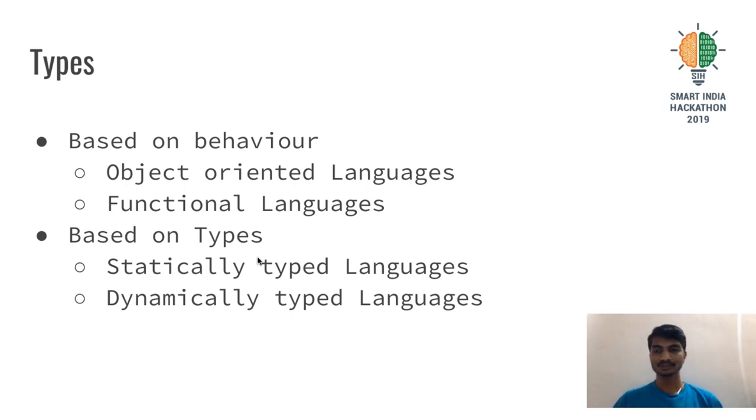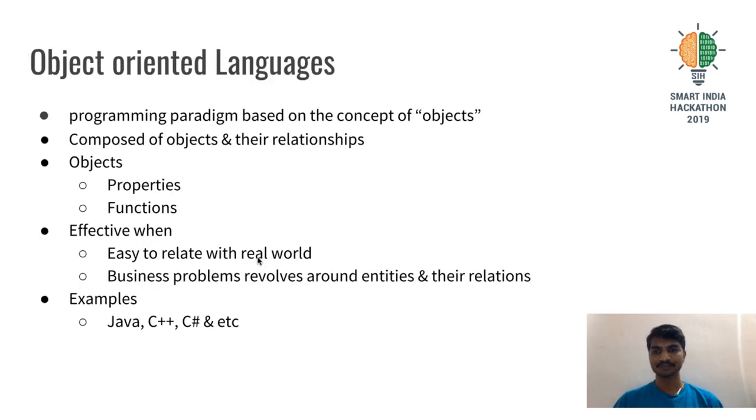Same as we have done for architectural patterns, it is better to consider our requirements and the goals we need to achieve, and based on that choose our language. So let's see what object-oriented languages are. In object-oriented languages, the main programming paradigm is the object.